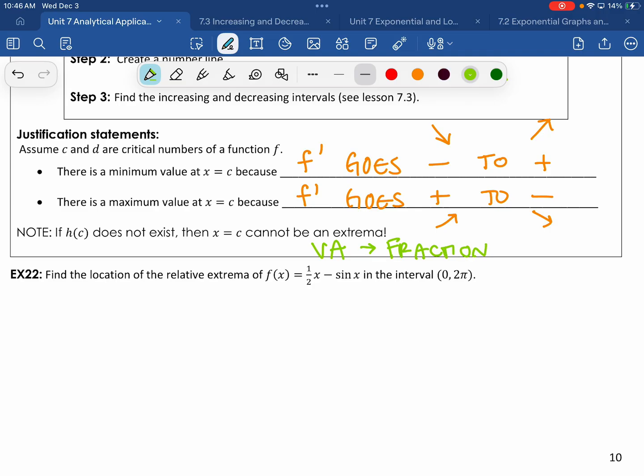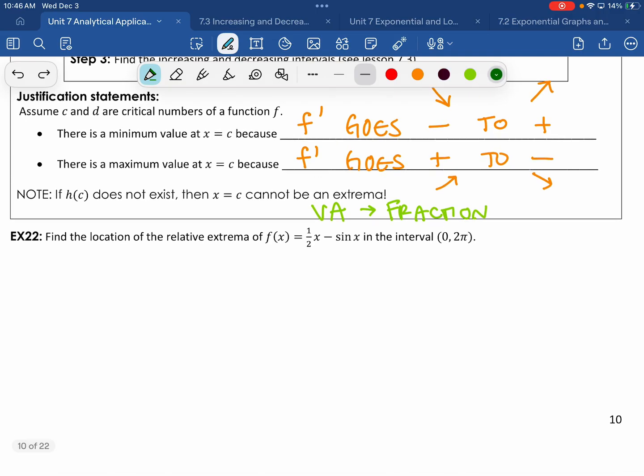All right. So let's do an example. It says find the location of the relative extrema of 1/2 x minus sine x on the interval from 0 to 2 pi. So that interval 0 to 2 pi is just talking about one rotation of my circle. So I'm going to first find the critical points by taking the derivative.